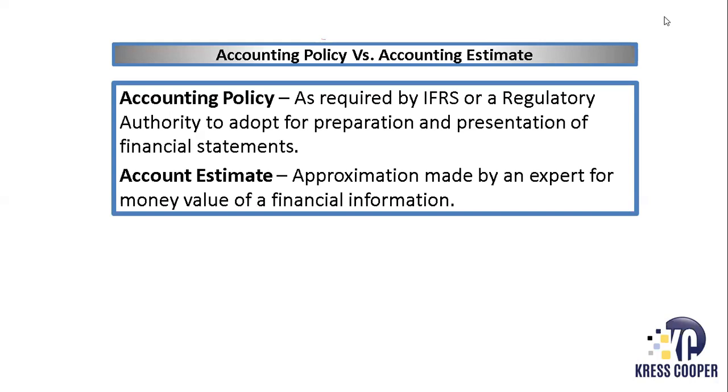For example, to depreciate property, plant, and equipment is an accounting policy. This policy is imposed by, I'm using a strong word, you can say advised by the accounting standard, and we follow it, that all the property, plant, and equipment, except obviously the land, or you can say which meet certain criteria, are subject to depreciation, must be depreciated.